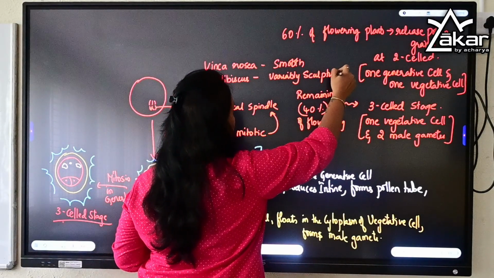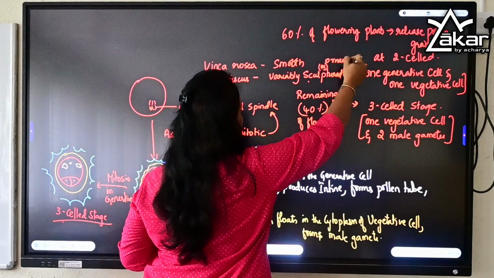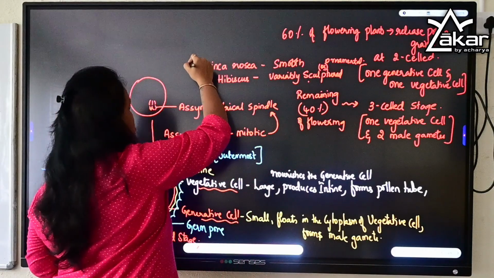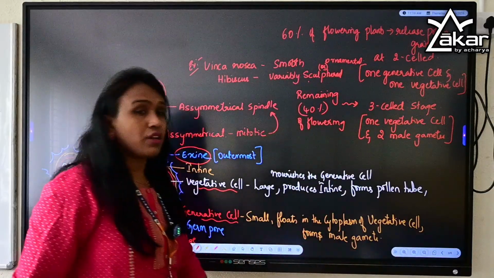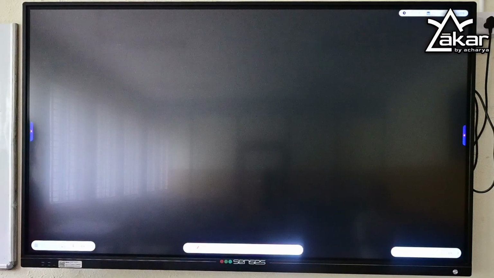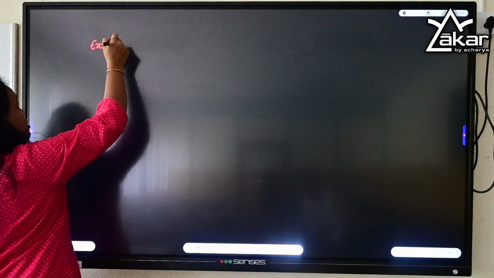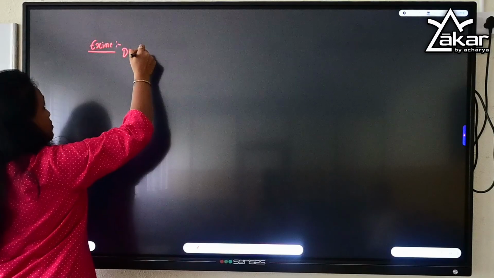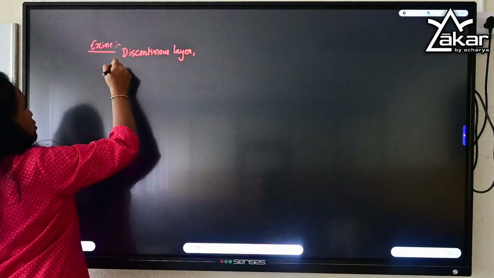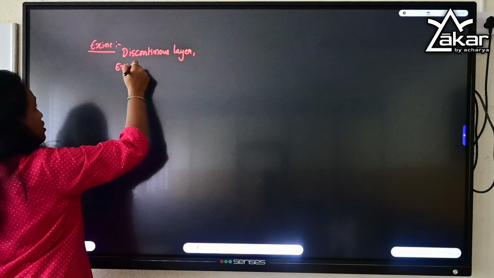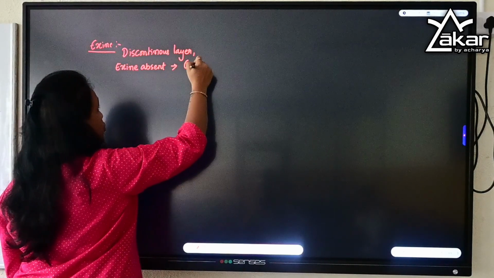So those are two examples for the exine. Taking the exine as a layer, it is a discontinuous layer, and where the exine is absent, that spot is called germ pore.